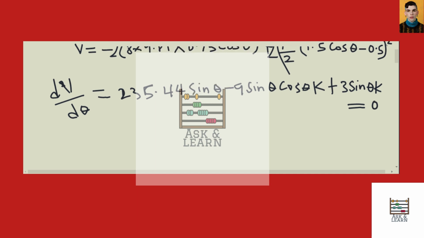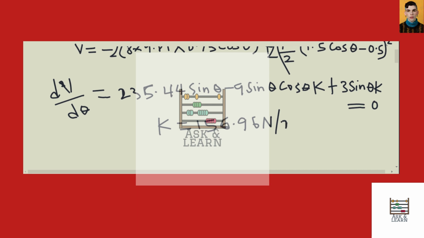So plugging in theta to be 60 degrees, we arrive at k to be equal to 156.96 Newton per meter.